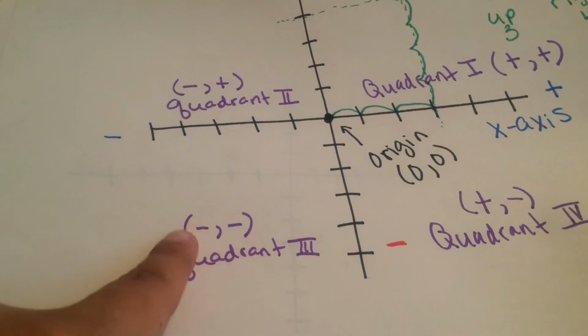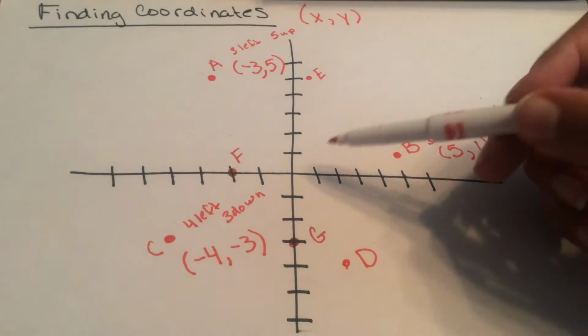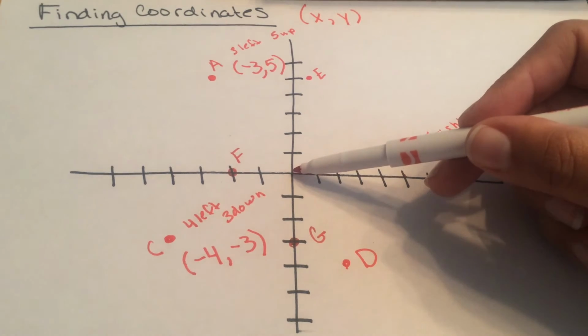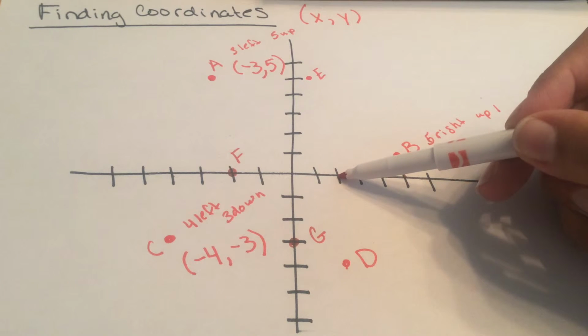If we go back and check, we know anything in our third quadrant has a -x and a -y, so we're doing good so far. The next point is going to be point D. Again, starting at our origin, I need to move left or right first. So 1, 2 places to the right.